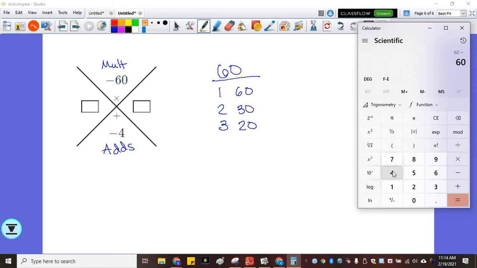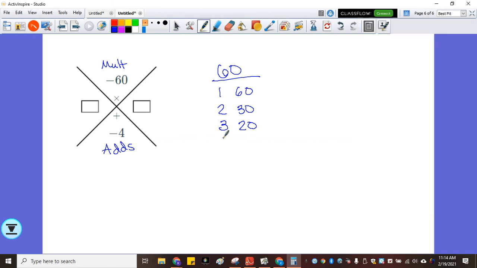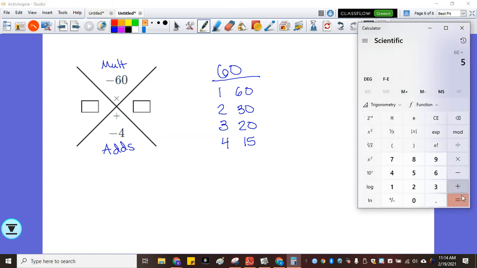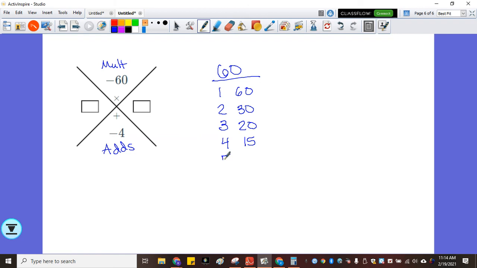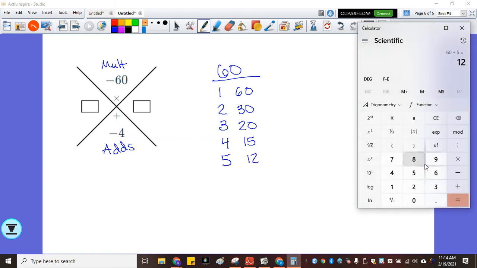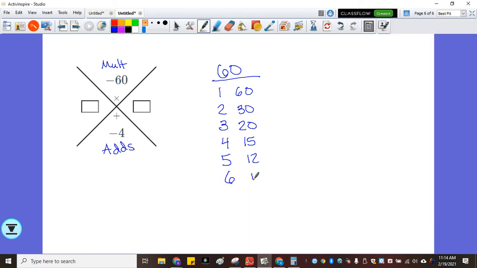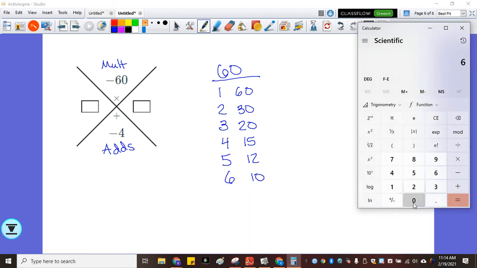60 divided by 4. 4 and 15. 60 divided by 5. 5 and 12. 60 divided by 6. 6 and 10. 60 divided by 7, decimal, 60 divided by 8, decimal, 60 divided by 9, decimal, and 60 divided by 10 is 6.